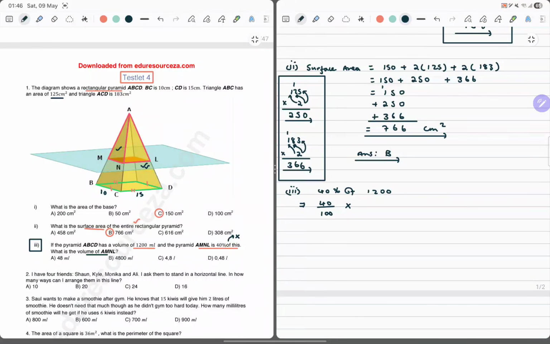Then of means multiplication, 1,200. Okay, so the nice thing here is that the zeros go. You should know how to handle these. So now all we have left is basically, maybe I should have said equal to rather, because that's an expression right now. So this is equal to, now we've got 40 multiplied by 12.